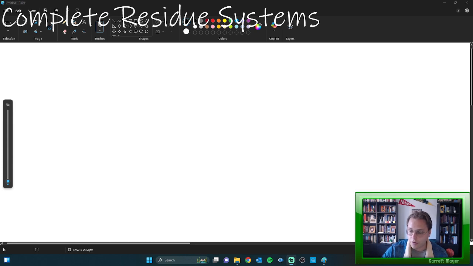But first, there's a very foundational theorem in defining complete residue systems that we need to prove explicitly first. This is theorem 3.14. It has nothing to do with pi, though.